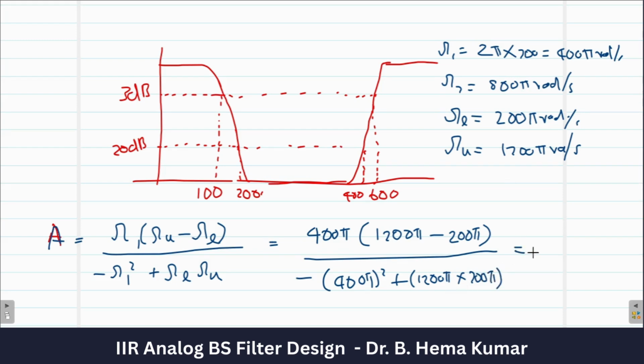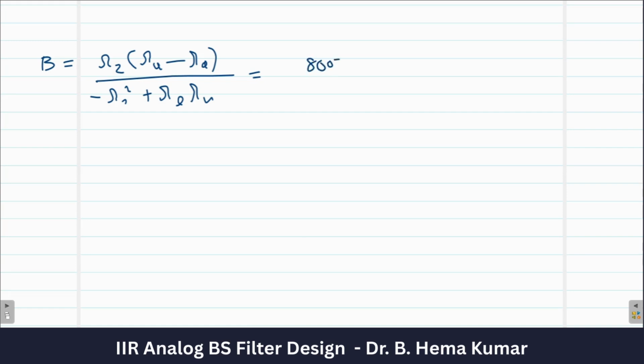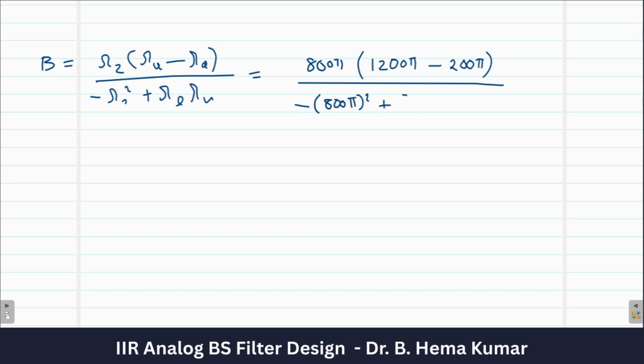If you solve this, you will get 5. Second, you have to calculate the value of B. B is given as omega 2 into omega U minus omega L, divided by minus omega 2 square plus omega L into omega U. Substituting the values, omega 2 in our case is 800 pi, so 800 pi into 1200 pi minus 200 pi, by minus 800 pi whole square plus 1200 pi into 200 pi. If you solve this, you'll get minus 2.